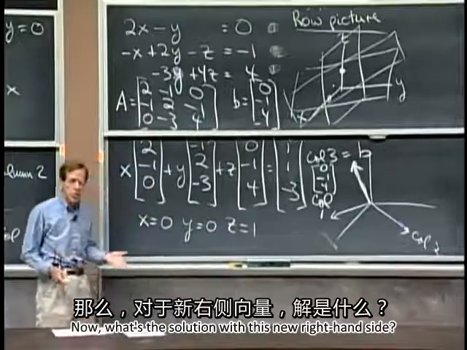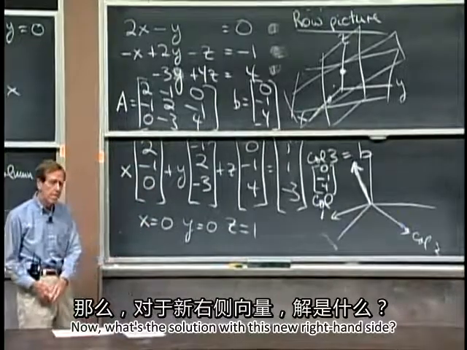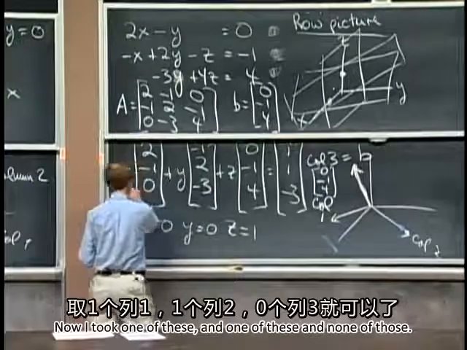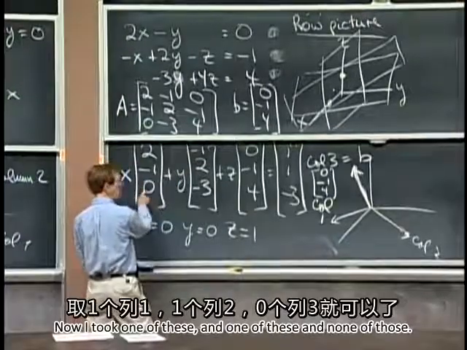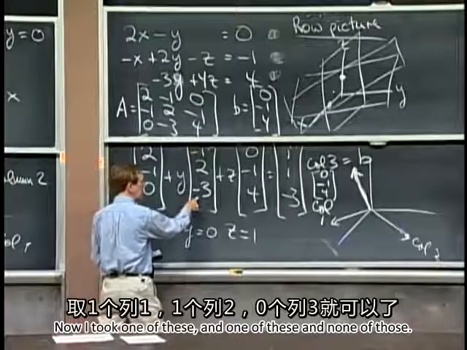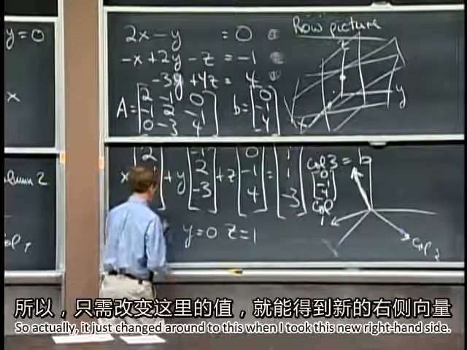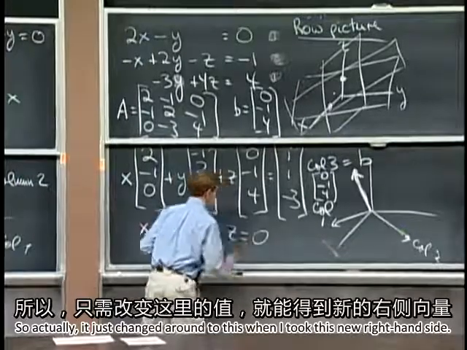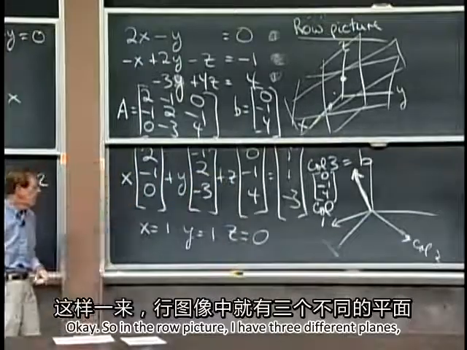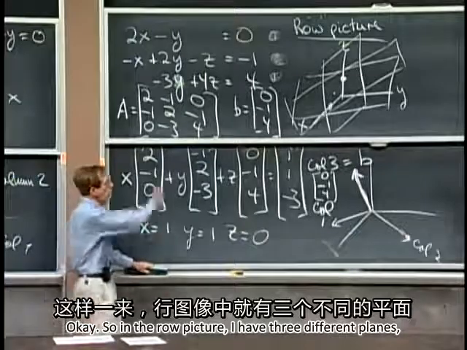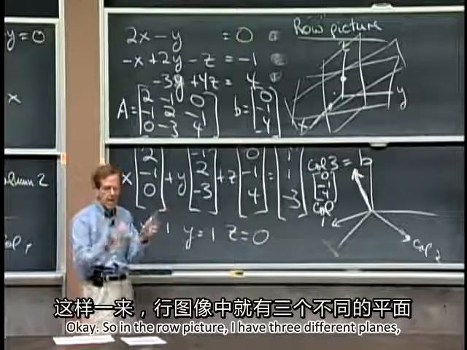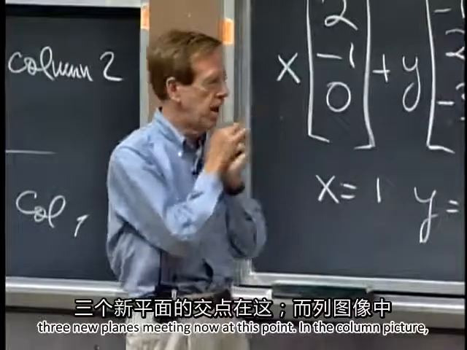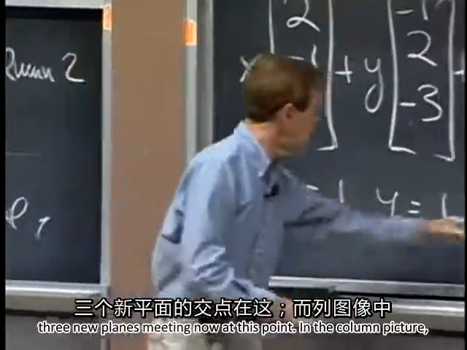Now, what's the solution with this new right-hand side? The solution is clear. I took one of these, and none of those. So it just changed around to this when I took this new right-hand side. In the row picture, I have 3 different planes, three new planes meeting now at this point.